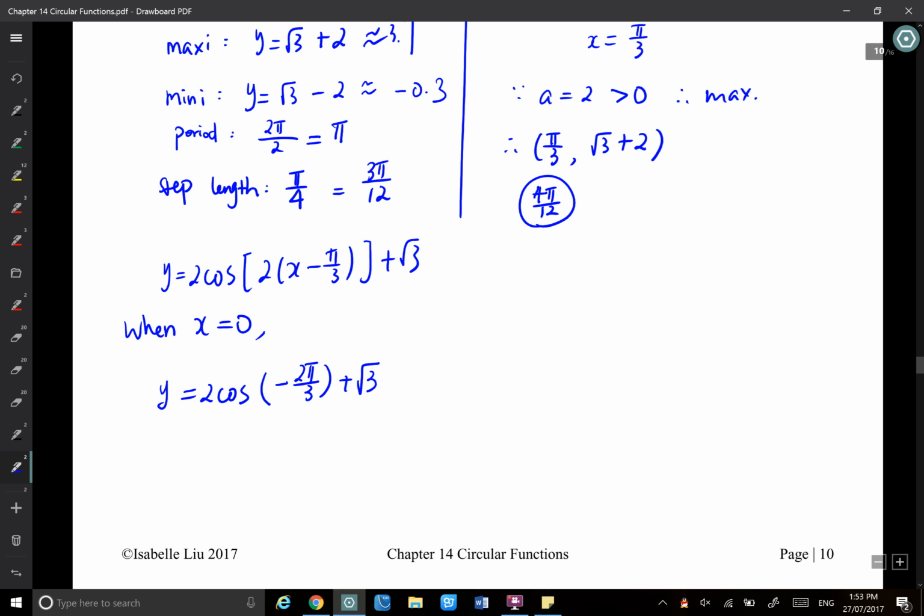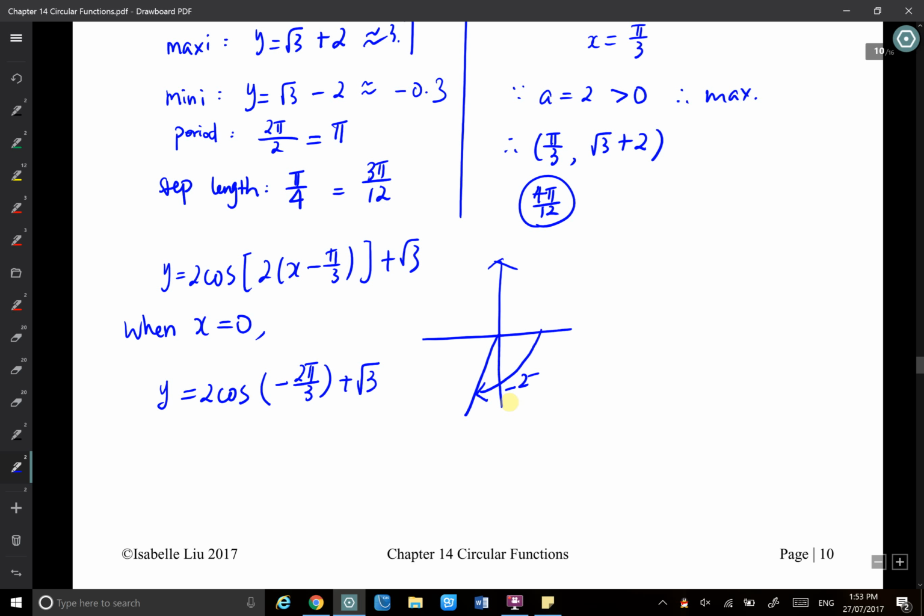Okay, what's the reference angle for minus 2 pi over 3? Everyone think? Minus 2 pi on 3, where is that first? In which quadrant? Negative is go clockwise. Third quadrant, okay, third quadrant. So here is the angle.